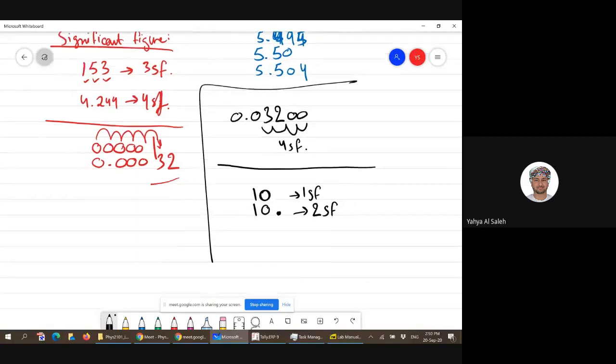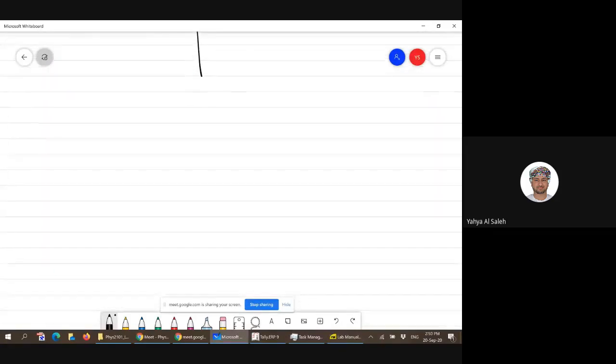So how do we operate with significant figures? There are 2 rules. One rule is for addition and subtraction. The other rule is for multiplication and division.